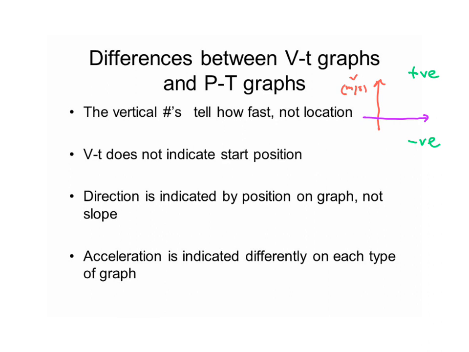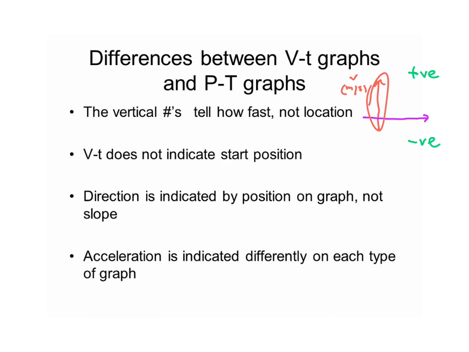Well, on a VT graph, the vertical part, so the y-axis, actually tells you how fast an object is moving, not the location. A VT graph does not indicate a start position, an origin. It does not worry about that. It is just focused on the velocity and how the velocity changes.